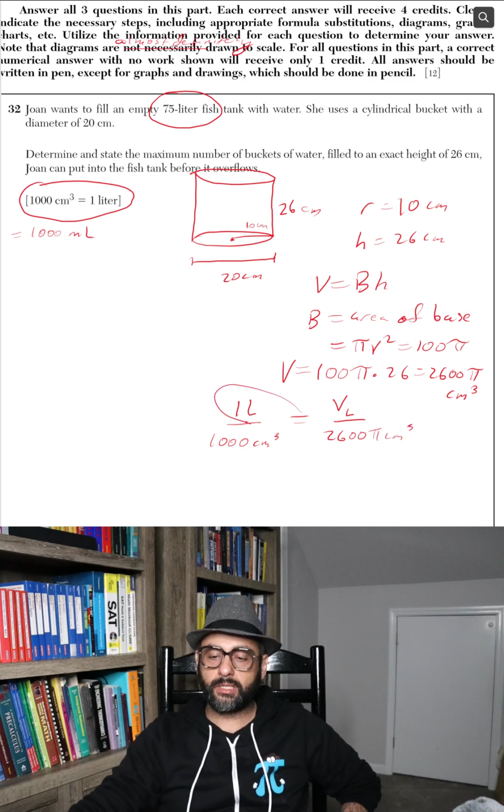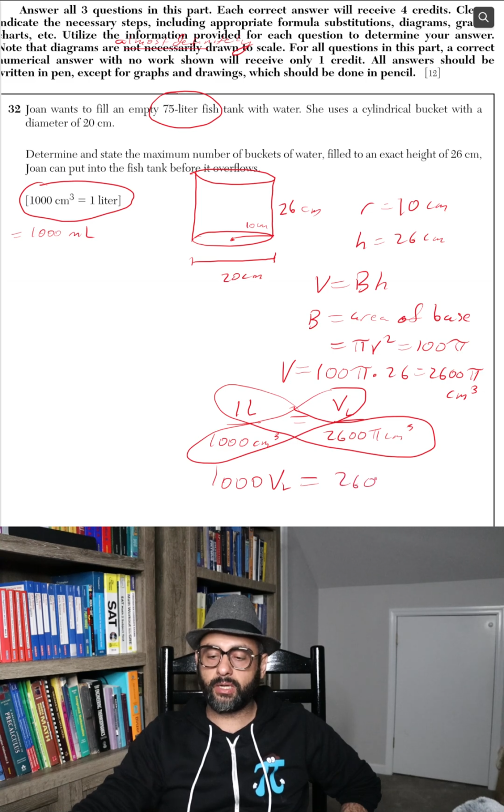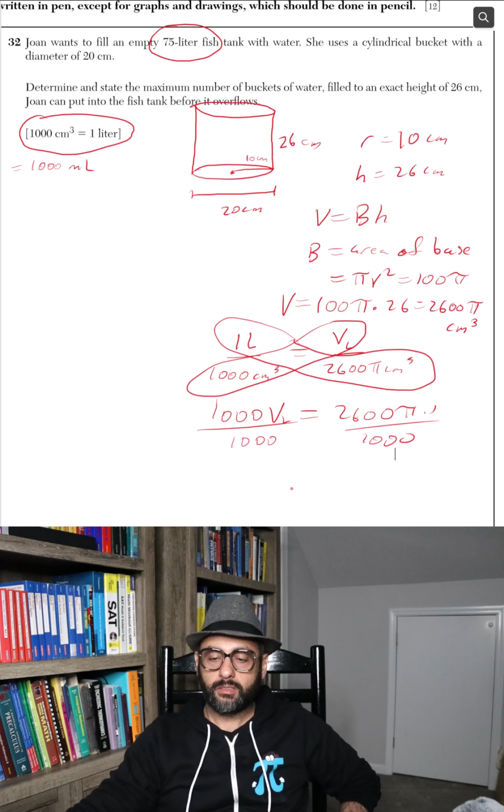And I could cross multiply, and I got 1,000 V in liters is equal to 2,600 pi times 1, so V in liters is equal to 2.6 pi liters.